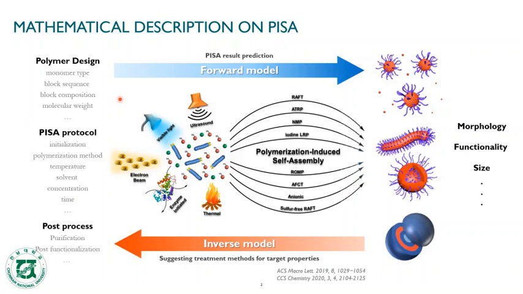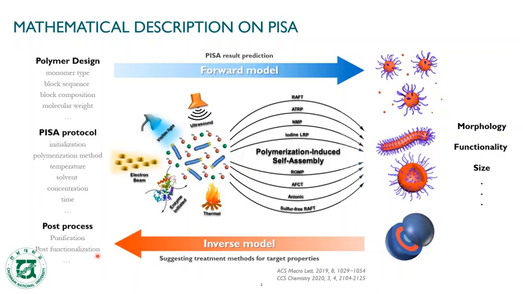However, if one can find this forward model, it can be very powerful to predict the resulting nano-object structure for a given polymer and the process conditions. And furthermore, if one can convert this forward model into an inverse model, then we set up a certain targeting structure as an input.